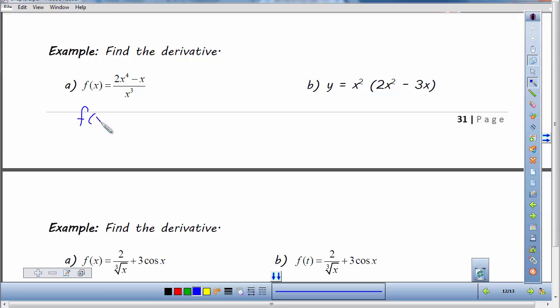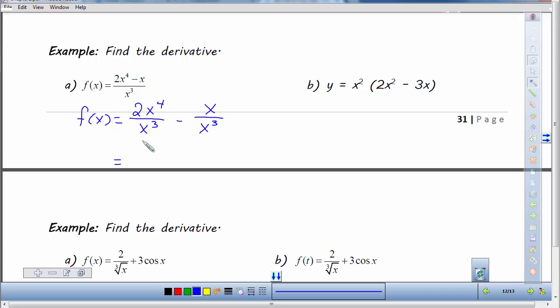Okay, f of x is equal to 2x to the 4th over x cubed minus x over x cubed, right? I just distributed my denominator, since I had a single term denominator.